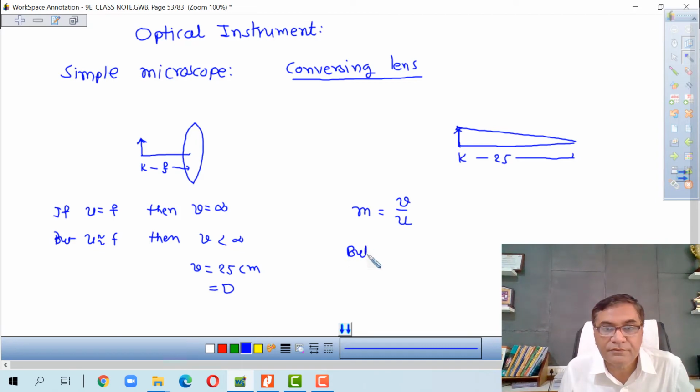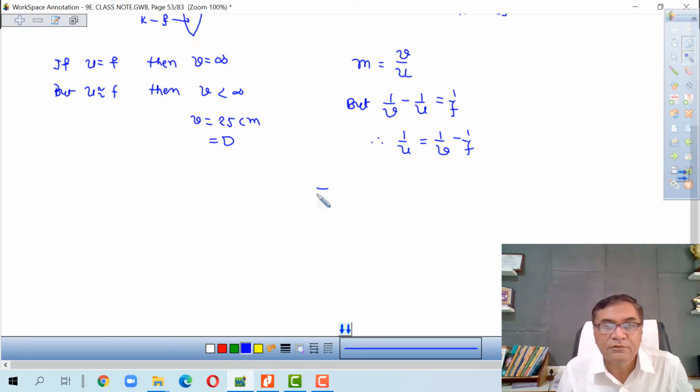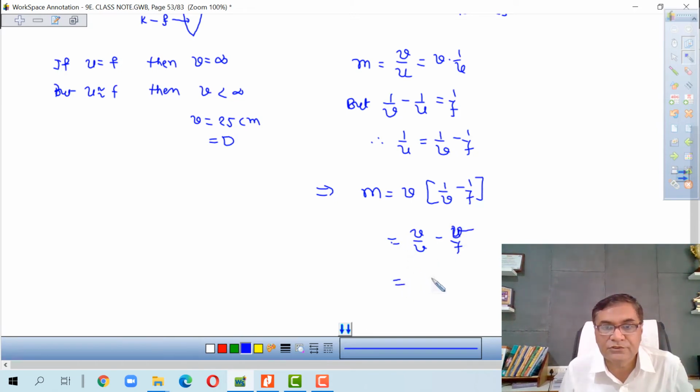But we know that 1 upon V minus 1 upon U is equal to 1 upon F, and therefore 1 upon U is equal to 1 upon V minus 1 upon F. So we can write M is equal to V into 1 upon U. So I write 1 upon V minus 1 upon F. So this is V upon V minus V upon F. Okay, so it is 1 minus V upon F. But what is our V?